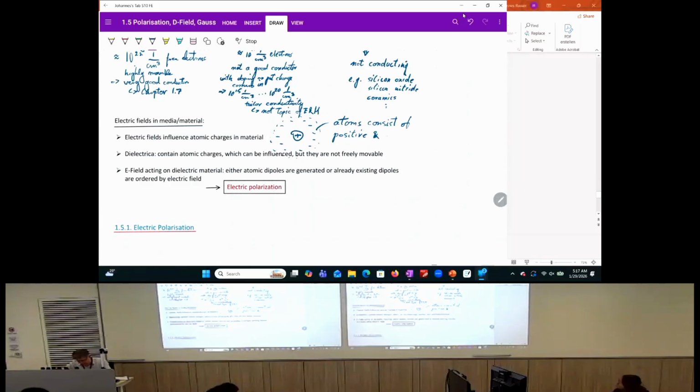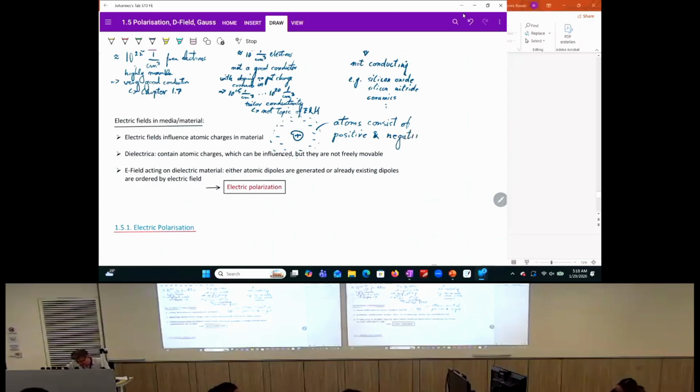But non-conducting materials do not have that. The electrons are bound to the nucleus, and no charge transfer, no conduction can occur.